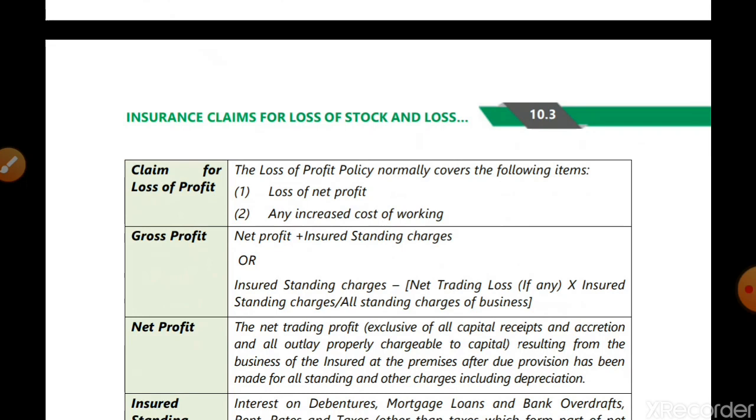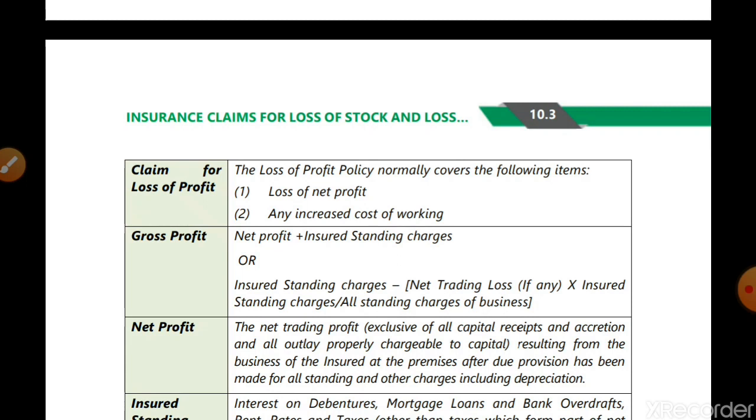Suppose your business is shifted to some other place where people may not know much about you, or you change your location from one place to another, the profit which you were getting initially will not be received now.